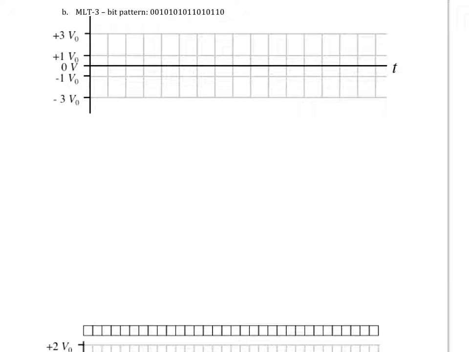Okay, in this video I'm going to give you an example of drawing the waveform for an MLT3 signaling. This is used in 100 base TX Ethernet.